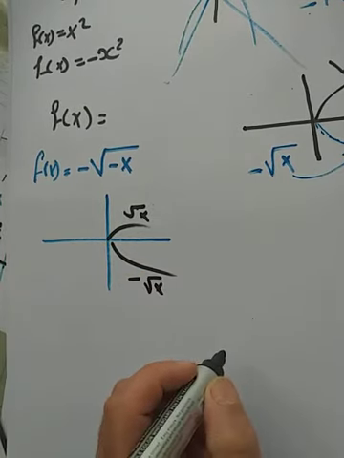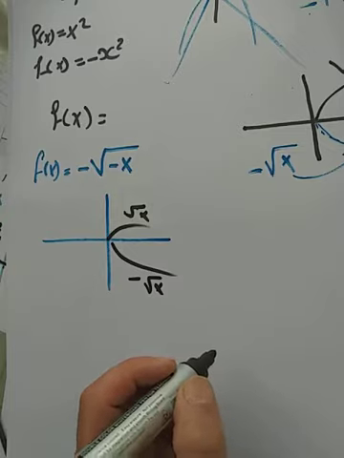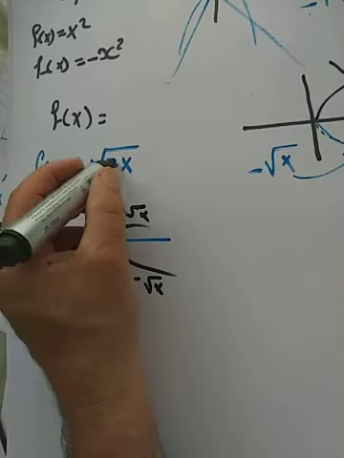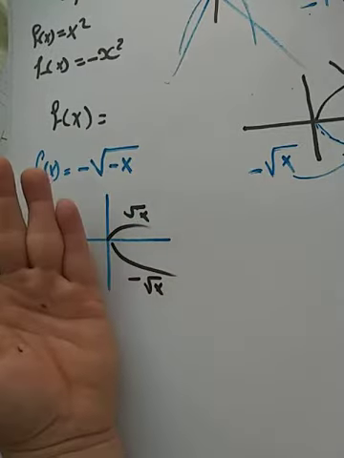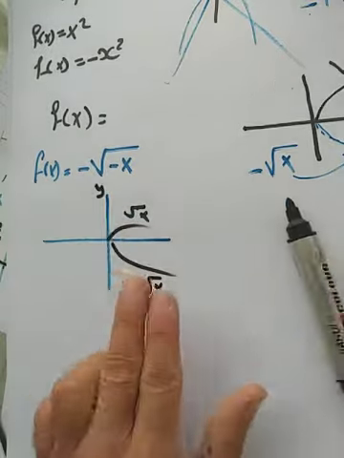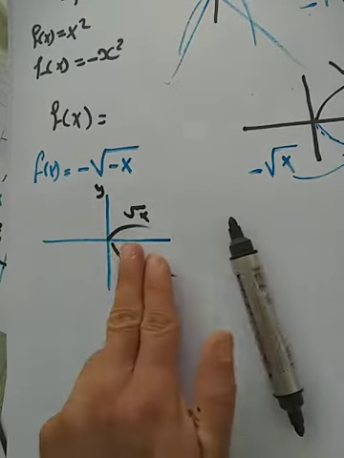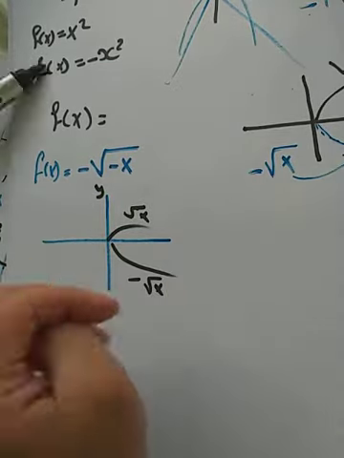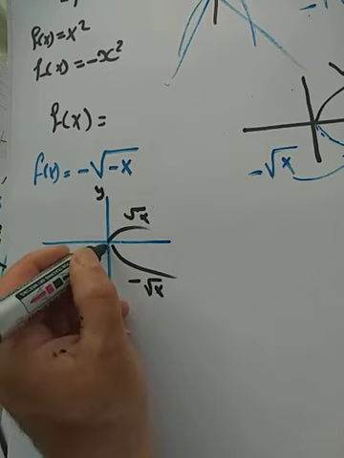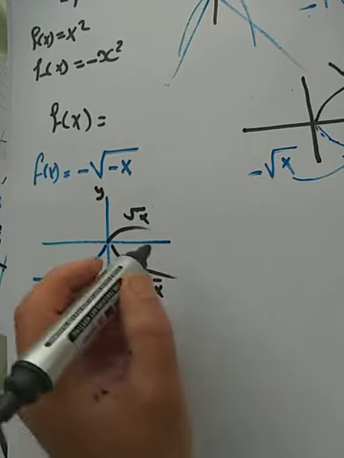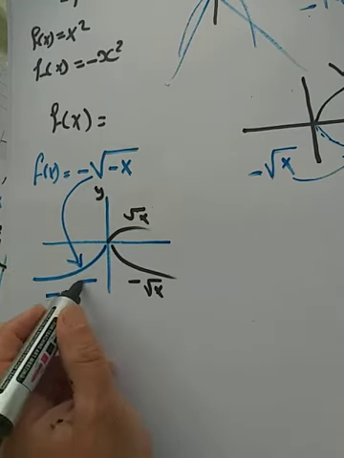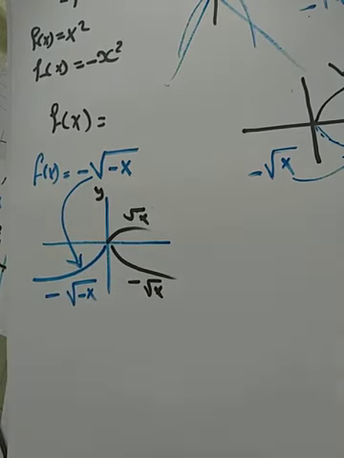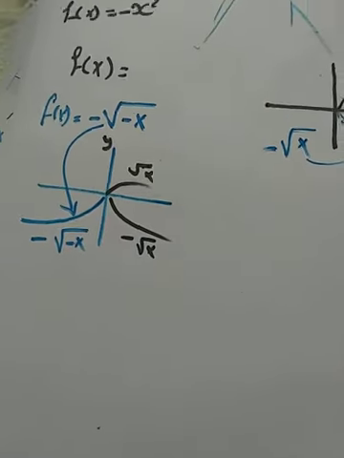Reflect about the x-axis. And the last one, this negative inside, reflect about the y-axis. The final graph is this one. This one is the graph of minus radical of negative x.